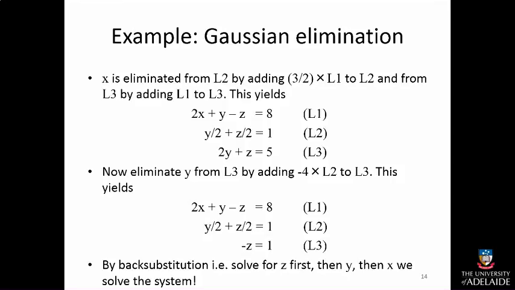When we multiply the second equation by -4, what is going to happen? That y by 2 is going to become -2y, right? And when we add that equation to L3, we would get minus z equals 1. Is this clear or is it not clear?